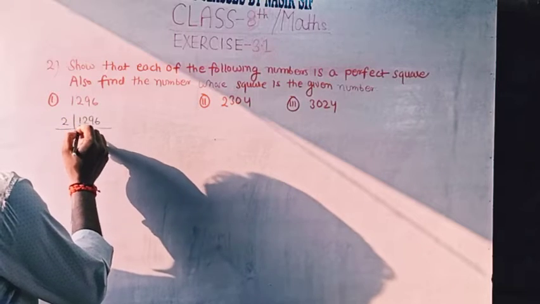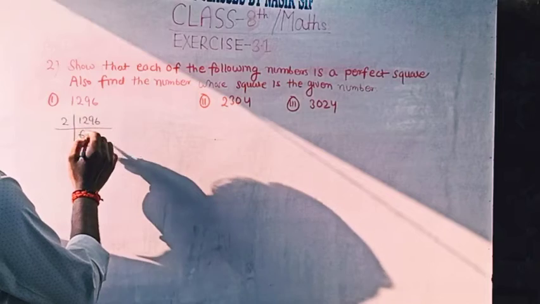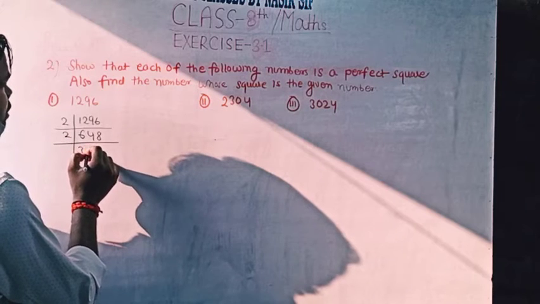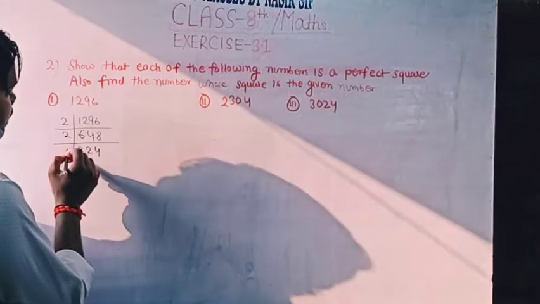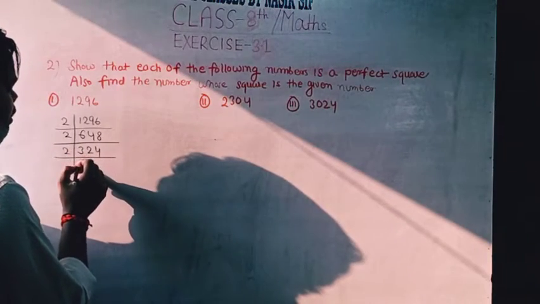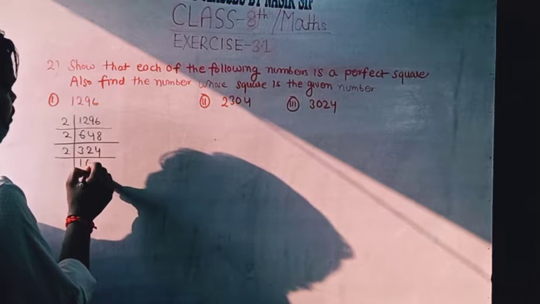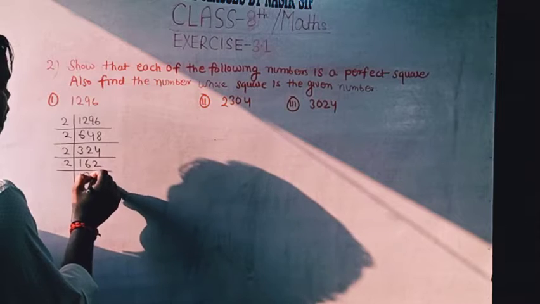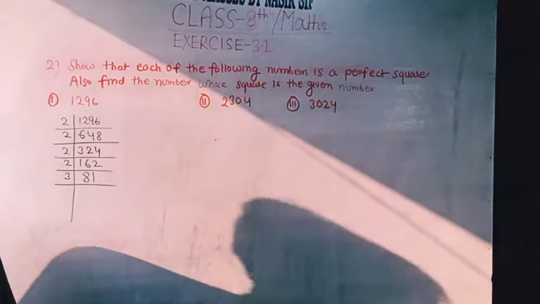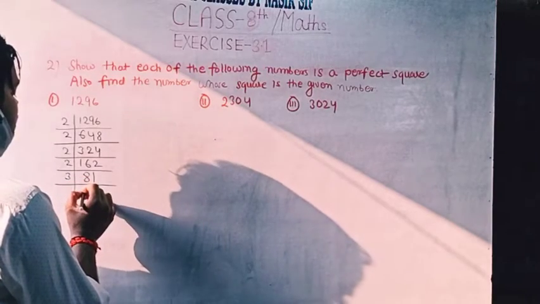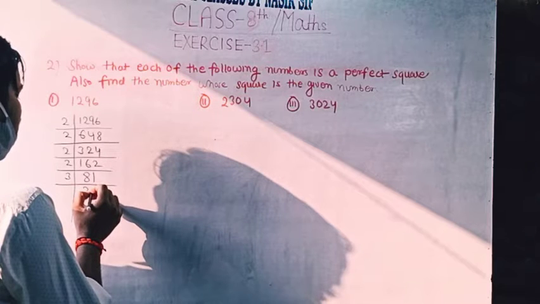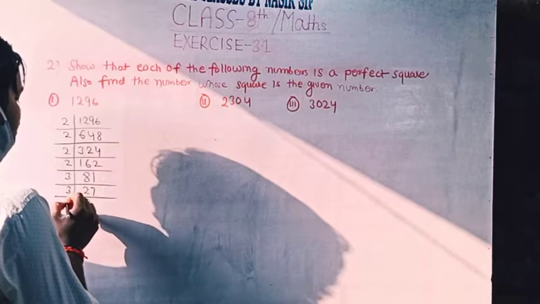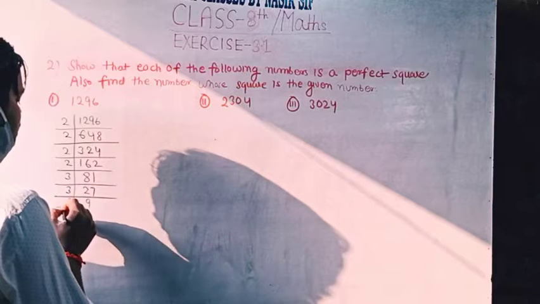This is divided by 2, giving 648, then 324, then 162, then 81. Then 81 is divided by 3, giving 27, then again by 3, giving 9, and then 3, and 1.